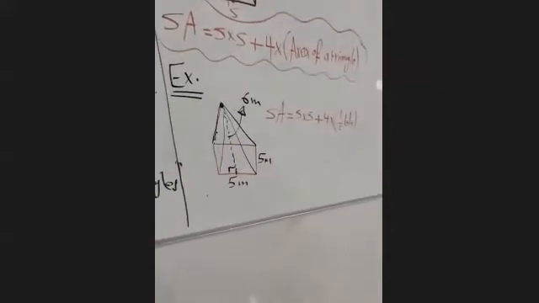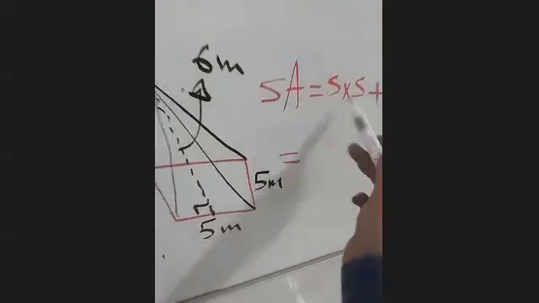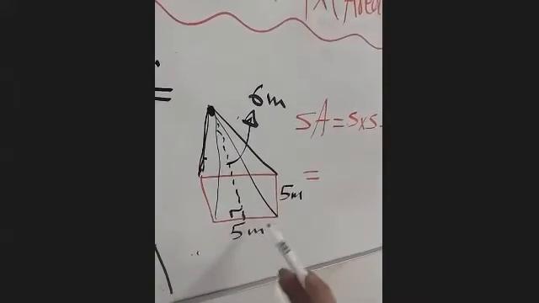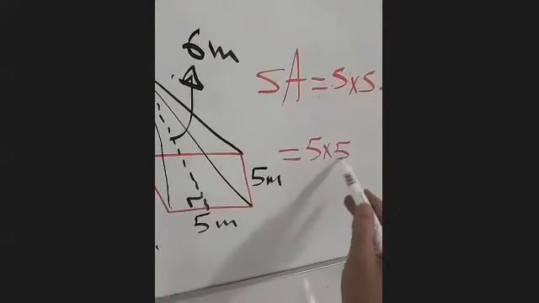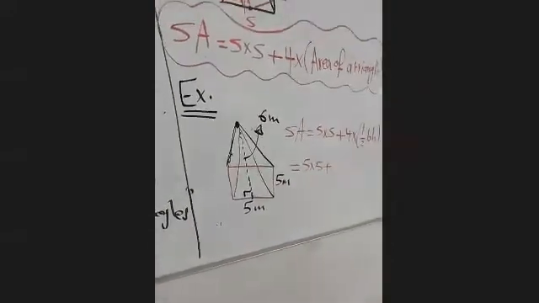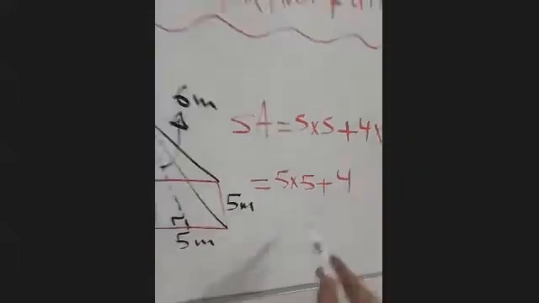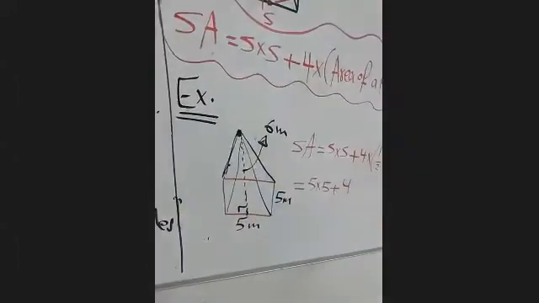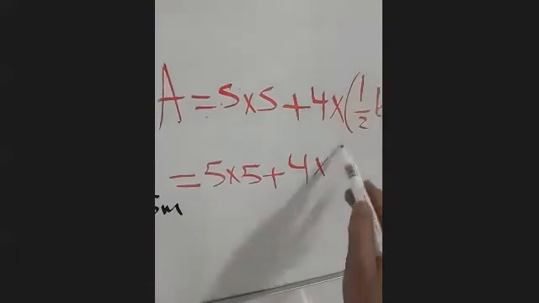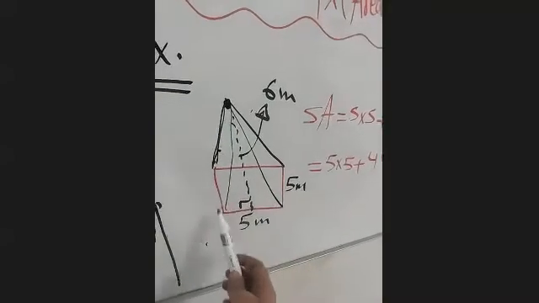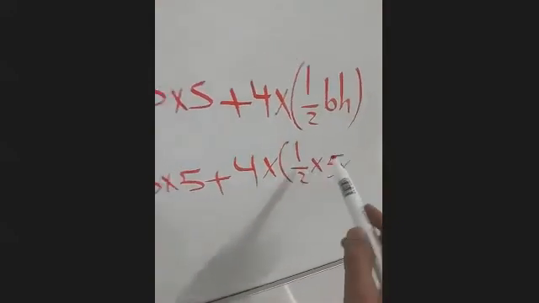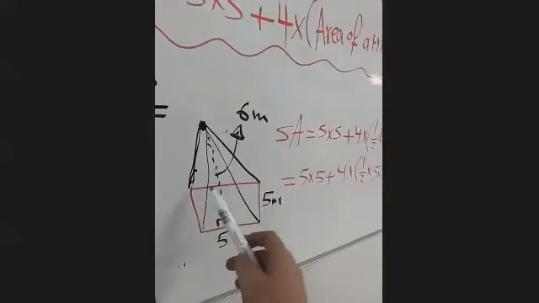Now just apply numbers. This is equal, S by S means 5 by 5, like length by width, it's the same. 5 multiply 5, the area of the base, plus 4, because we have 4 congruent triangles, multiply half, multiply the base, which is 5. Here, base 5, base 5, base 5, base 5. Multiply the height of the triangle, which is 6.